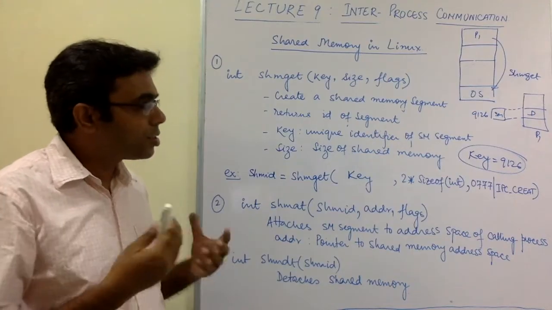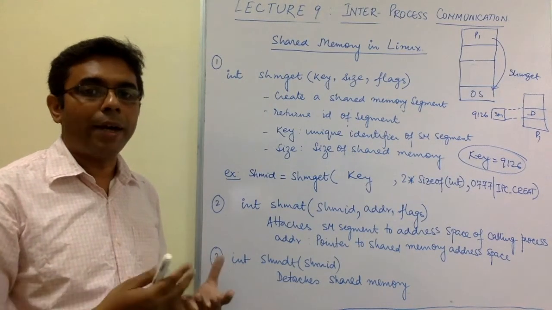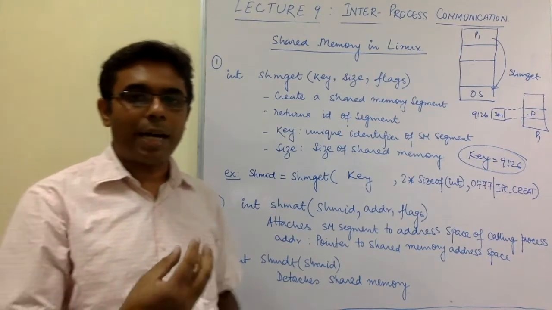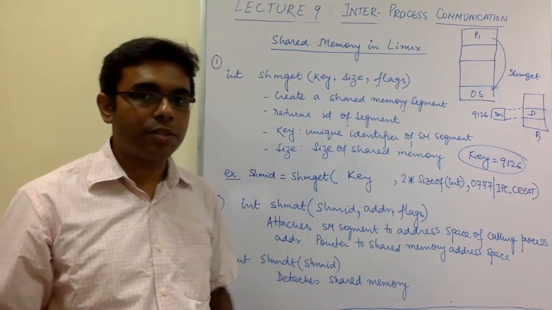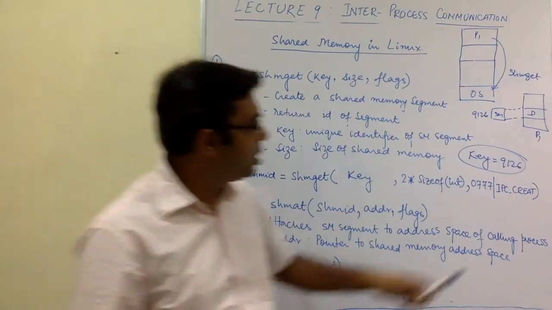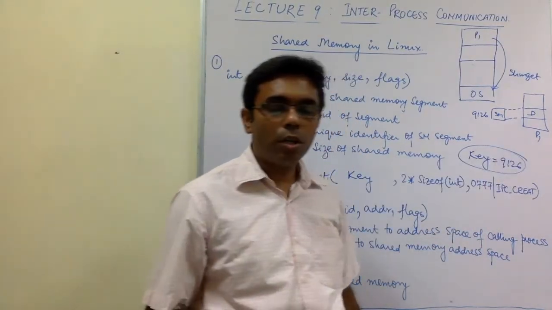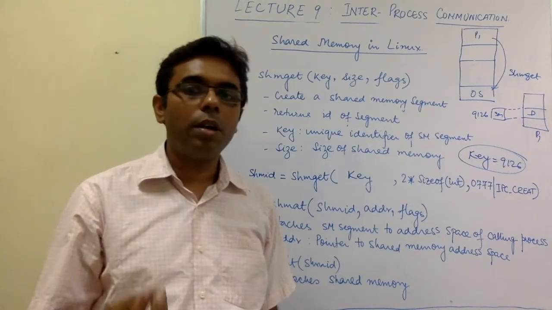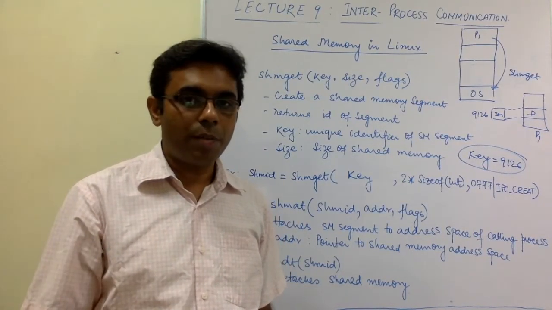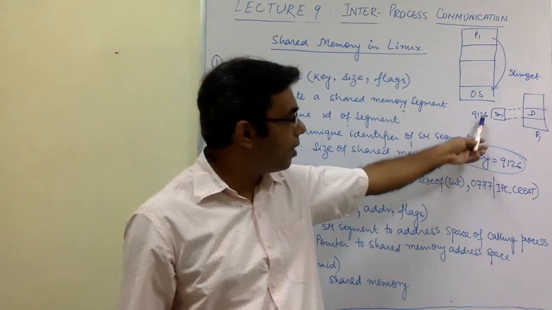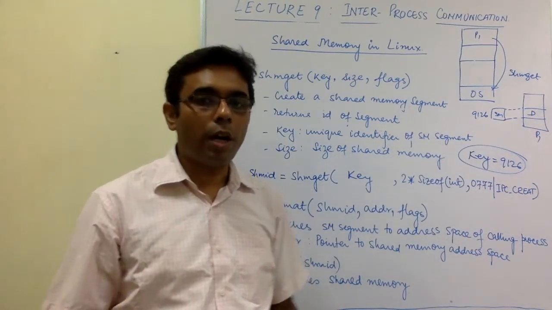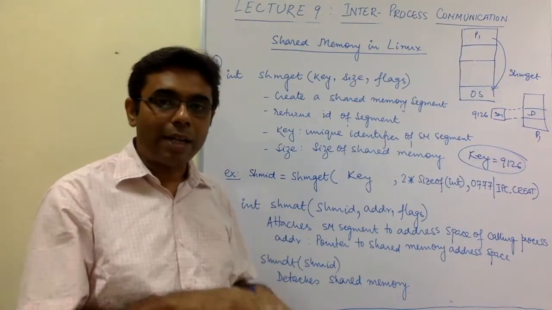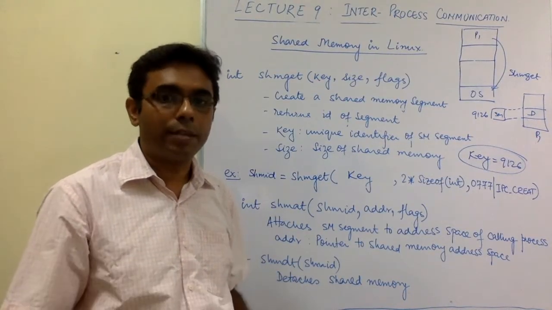Next, once this shared memory has been provided or created, the next thing that needs to be done is it has to be attached to the existing address space of the process P1, as we see here. It's not only process P1, all processes which would like the shared memory segment with this identifier or key to be attached to its address space should call that.